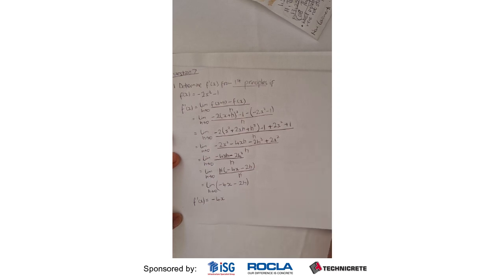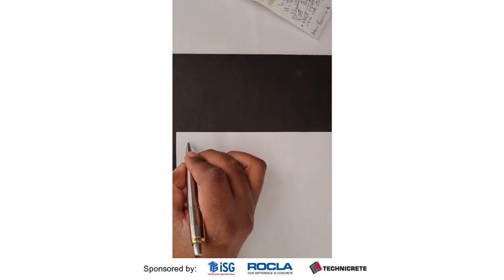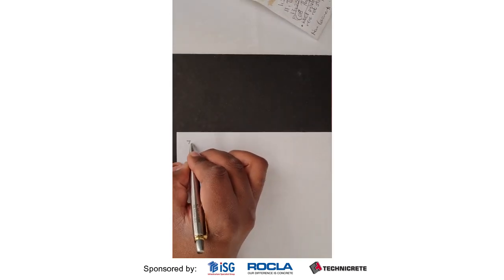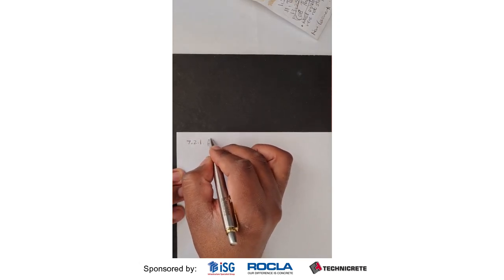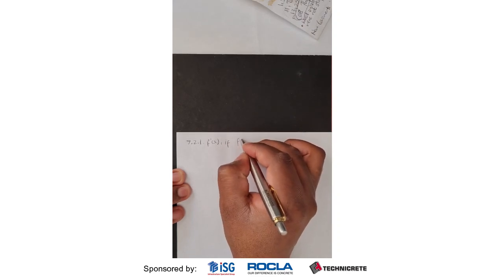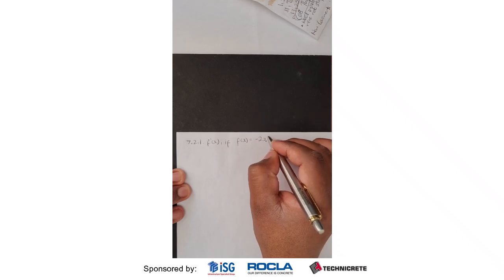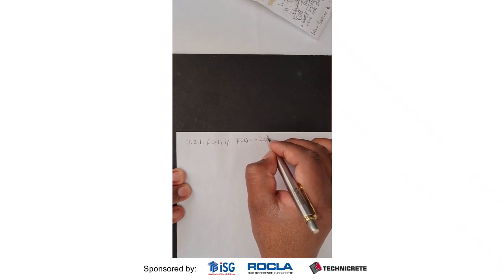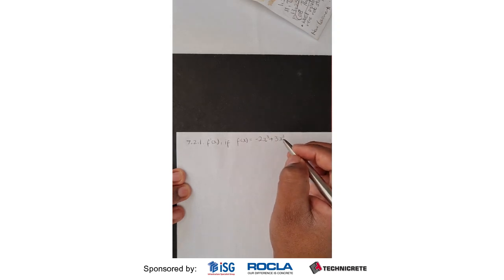That is our 7.1. Now let's do our 7.2.1, where they are asking us for f prime of x, if our f of x is negative 2x cubed plus 3x squared.